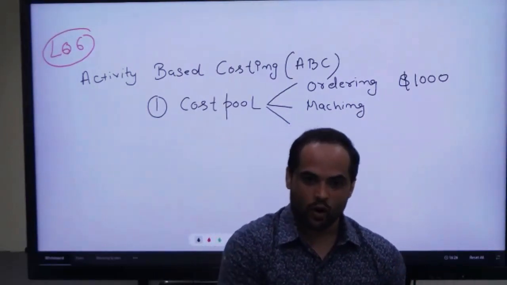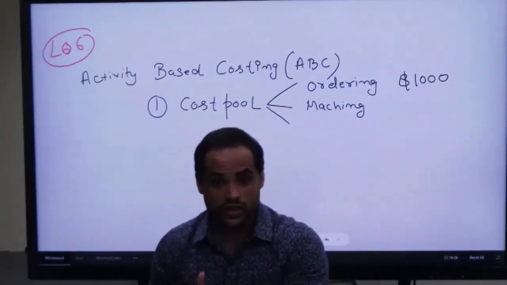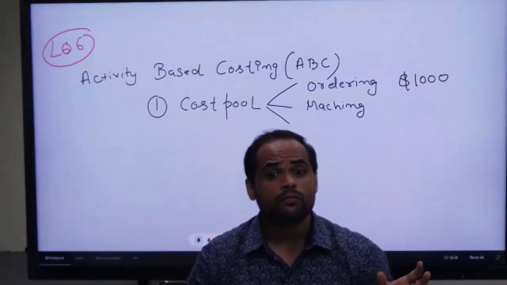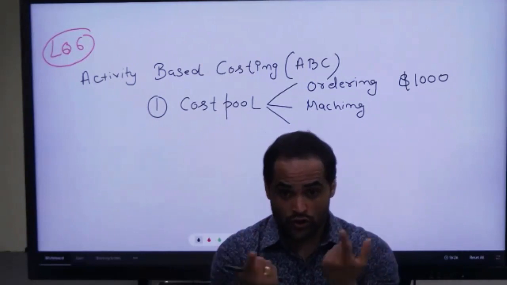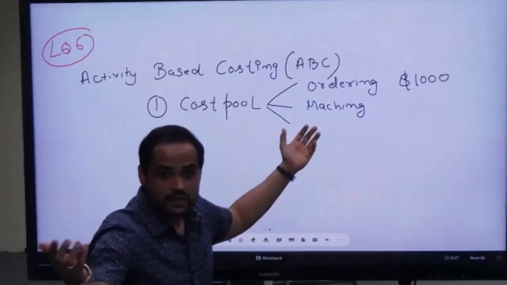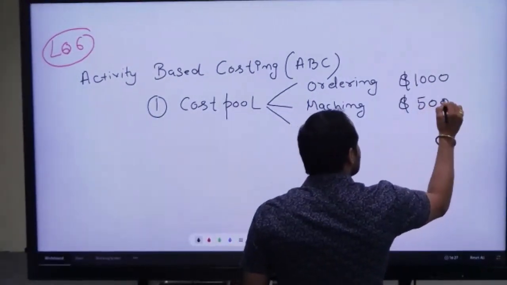So turn on the computer and start taking attendance, and then start teaching. So before teaching, the teacher has to spend some time on other kinds of overhead activity. So the cost of that, for example, is machine setup. Same example, cost will be $500. So this is a cost pool.